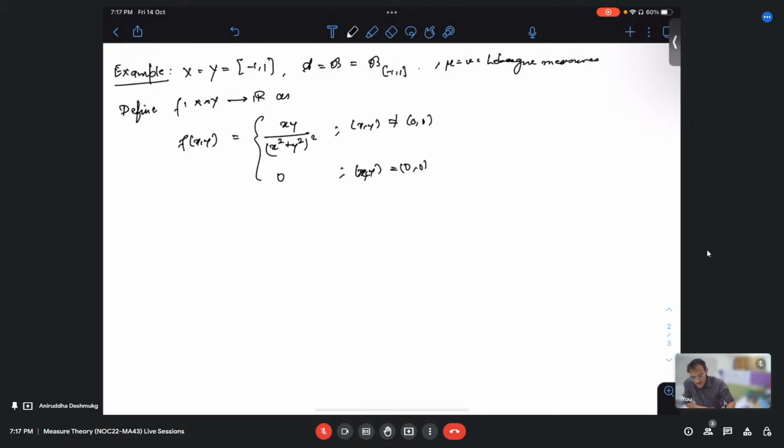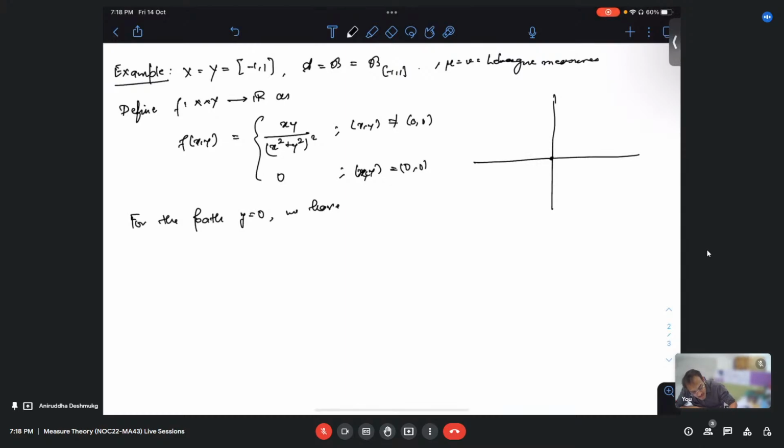So notice that f is continuous almost everywhere because the only point of problem is 0, 0. And to check that this is actually the case, how to get the continuity, that is the point, right?